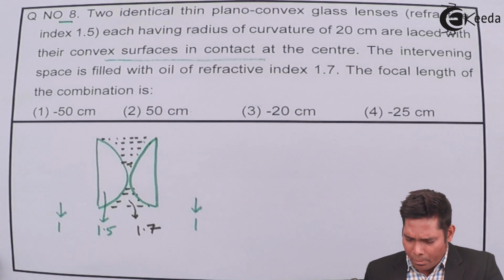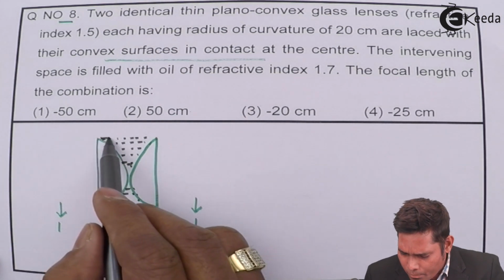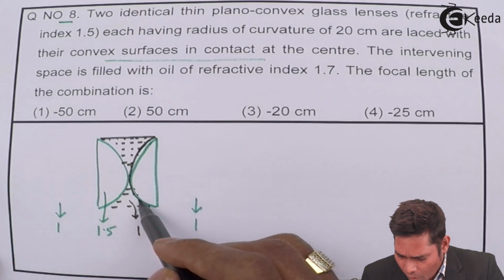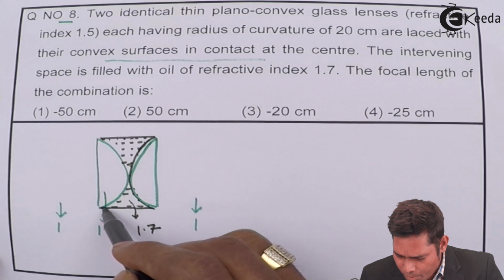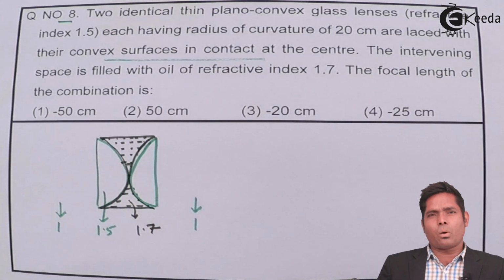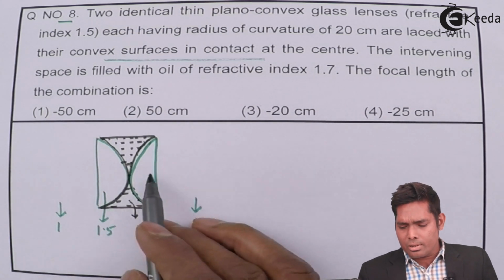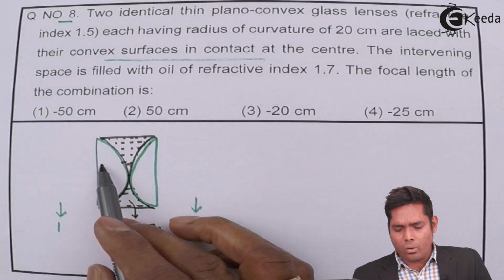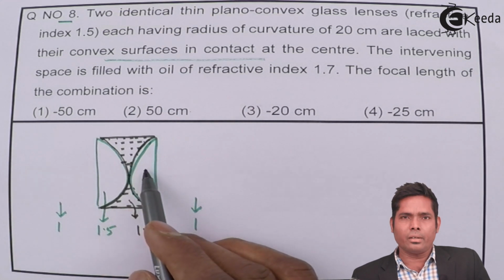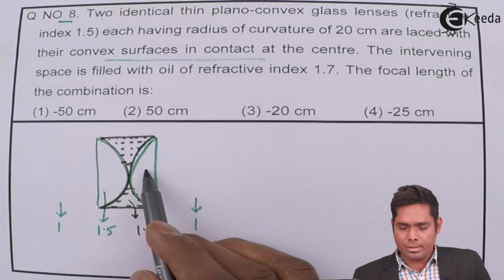If I see properly, this portion behaves like a concave lens. So basically it is a combination of three lenses: plano-convex, a concave lens, and again a plano-convex lens.